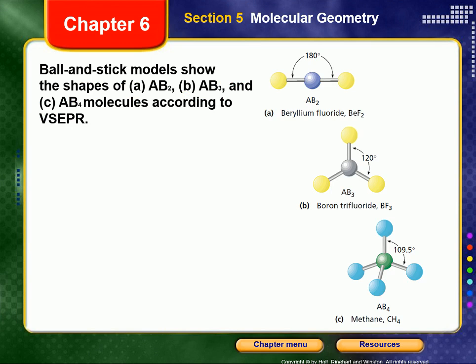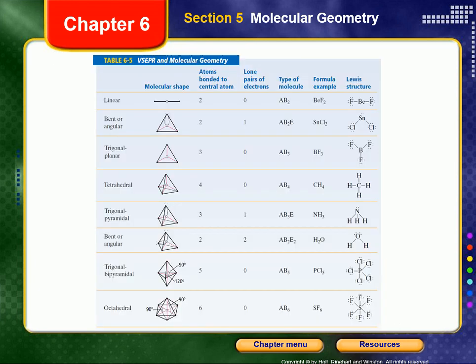This geometry is shown in figure 6-21c for the AB4 molecule methane, CH4. The same figure shows that in a tetrahedral molecule, each of the bond angles formed by the A atom to any 2 of the B atoms is equal to 109.5 degrees.